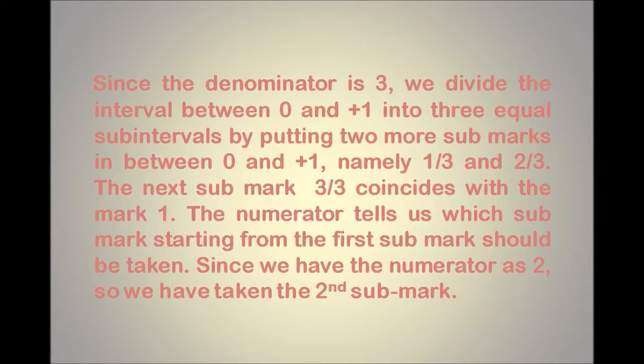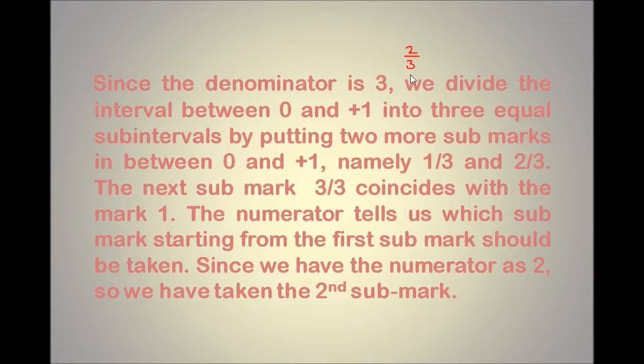Since the number is 2 by 3, and the denominator is 3, we divide the interval between 0 and 1, because it is a positive rational number and its numerator is less than the denominator, because 2 is less than 3. Therefore, it will have its position between 0 and plus 1, in this interval.